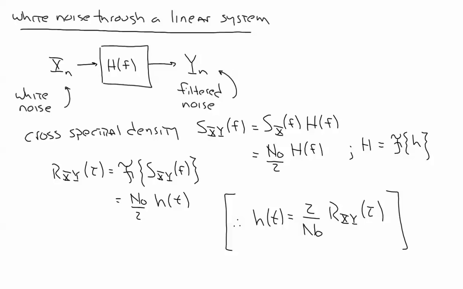I can then plug my samples of input and output into MATLAB. MATLAB's got a cross correlation function that it'll perform for you instantaneously. Perform the cross correlation, divide by N naught, multiply times 2, and I know then the impulse response of my unknown black box linear system.